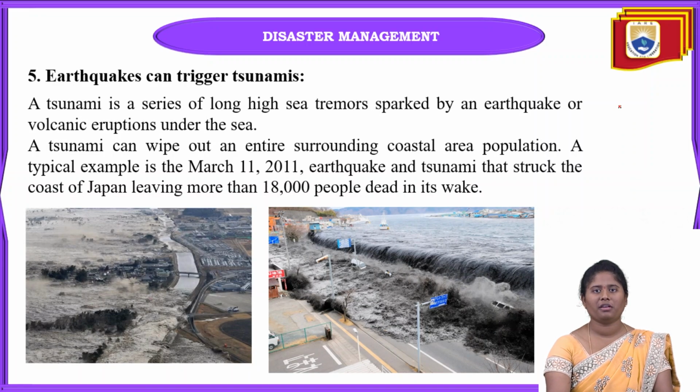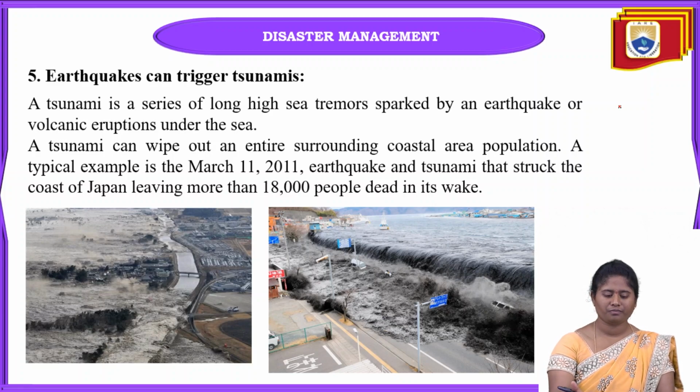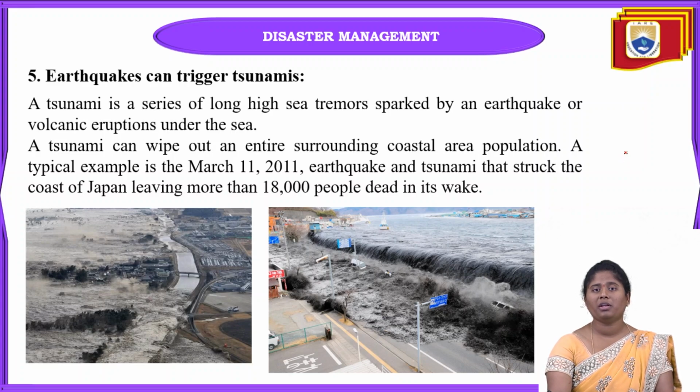Coming to the next one, earthquakes can trigger tsunamis also, and if any tsunami occurs, there will be huge loss of aquatic life and also human life. Why? Because of tsunamis we are going to lose heavily, both human life and aquatic life.